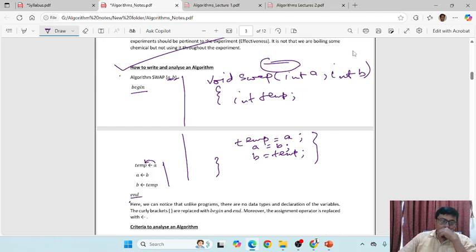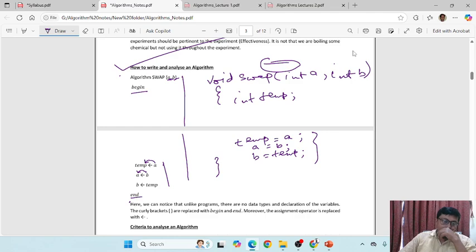Then the value of b is assigned to a, which means a equal to b. That means the value of b will be assigned to a, and the original value of a will be overwritten. But a copy of it is already assigned to the variable temp, so that value of a is not lost.